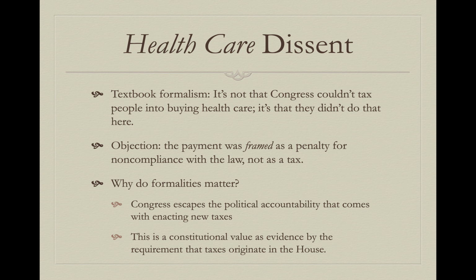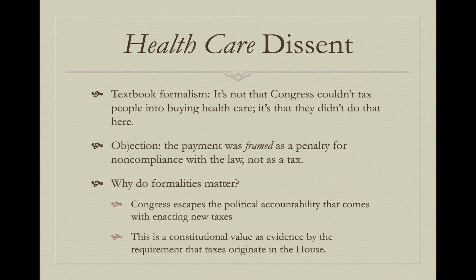He focuses a lot on this idea of political accountability, which is an idea that we've seen before. This was at the heart of the New York case, the heart of the Printz case. The idea that Congress sometimes tries to escape political accountability. In New York and Printz, it was by passing off obligations onto state governments. Here, Justice Scalia, or whoever of the four wrote this dissent, says that Congress can avoid political responsibility by not calling something a tax.